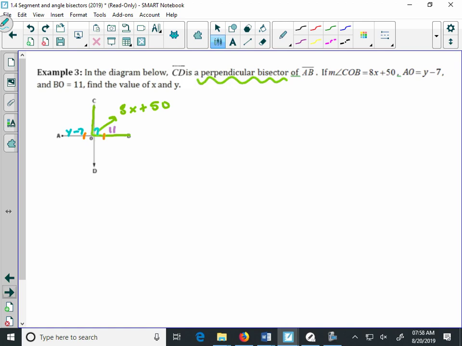Well, how can we find x? We know that angle's a right angle. We know it equals what? 90 degrees. So how can we set up the equation to find x if we know that angle's 90 degrees? Yeah, you just set that angle, 8x plus 50, equal to what the angle measure is, which in this case is 90.